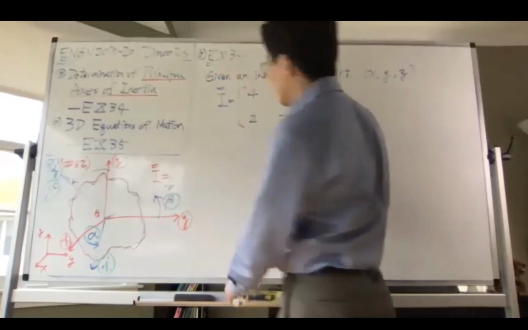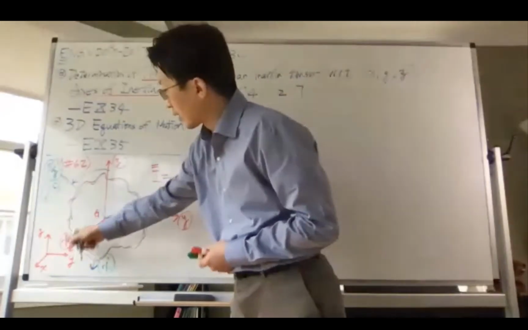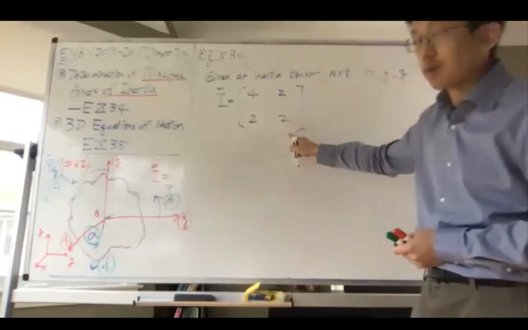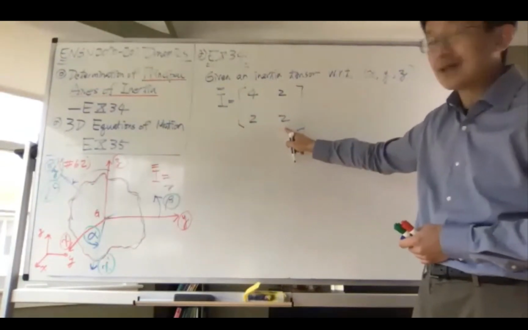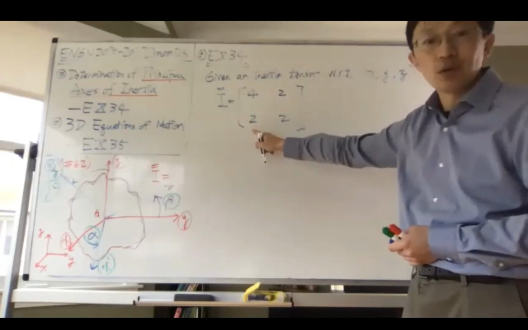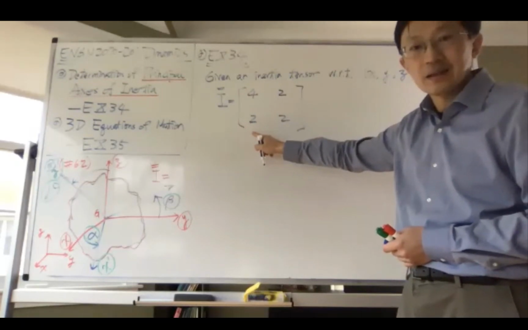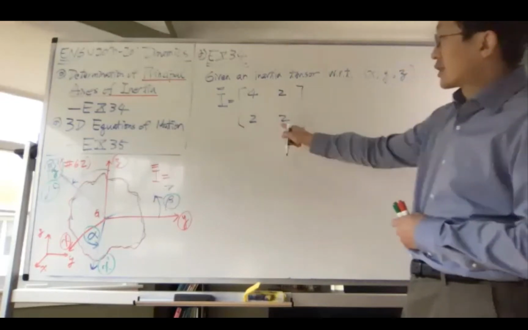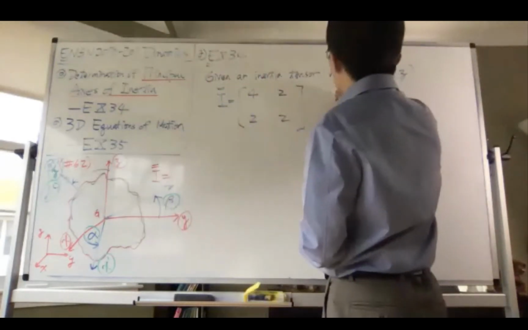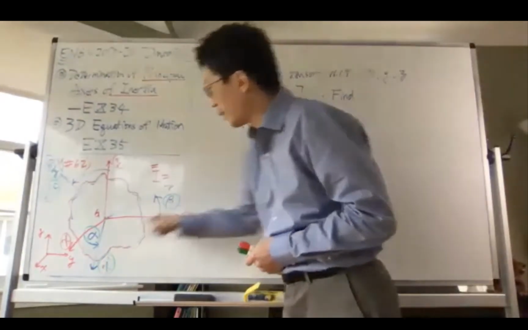Of course, they are random values. Just suppose you can find an object that you can calculate the mass moment of inertia, then this will be the mass moment of inertia with respect to the x-axis, and this will be the mass moment of inertia with respect to the y-axis, and this will be the product of inertia with respect to the xy plane, and this will be the mass product of inertia with respect to plane yx. Okay, so this is just like the example that we did before. And if that's the case, we want to find this angle, alpha and beta.